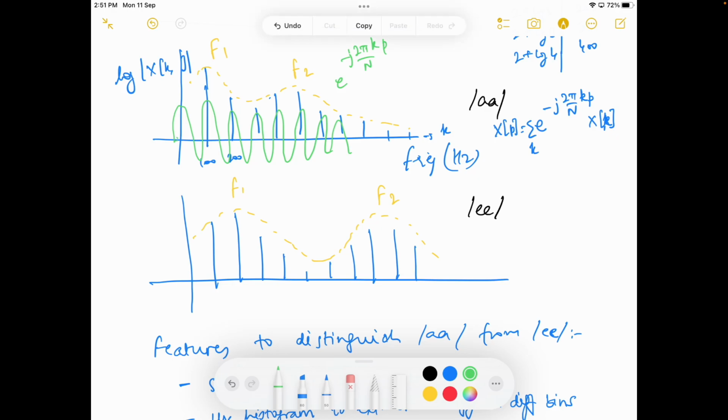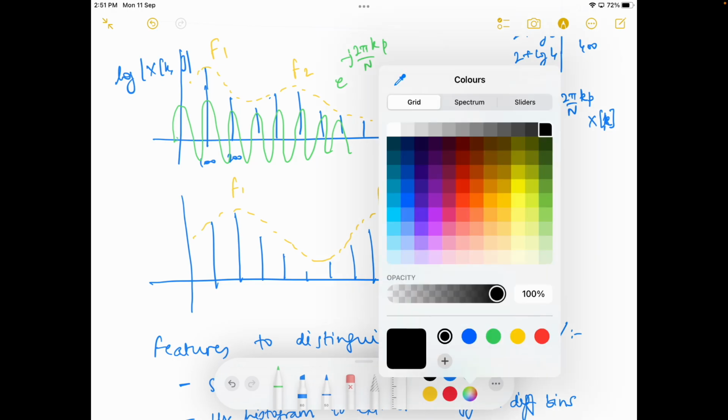And likewise, when my p is like this, which color should I use?